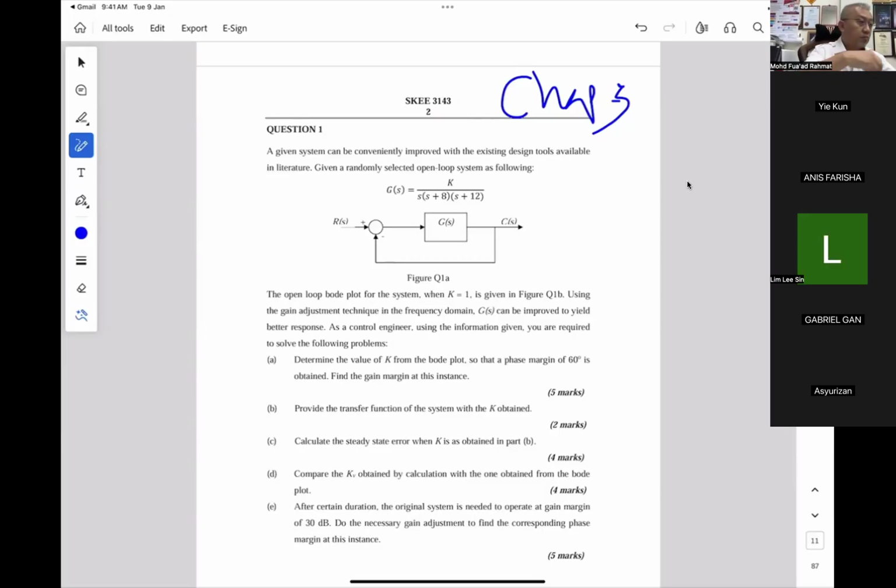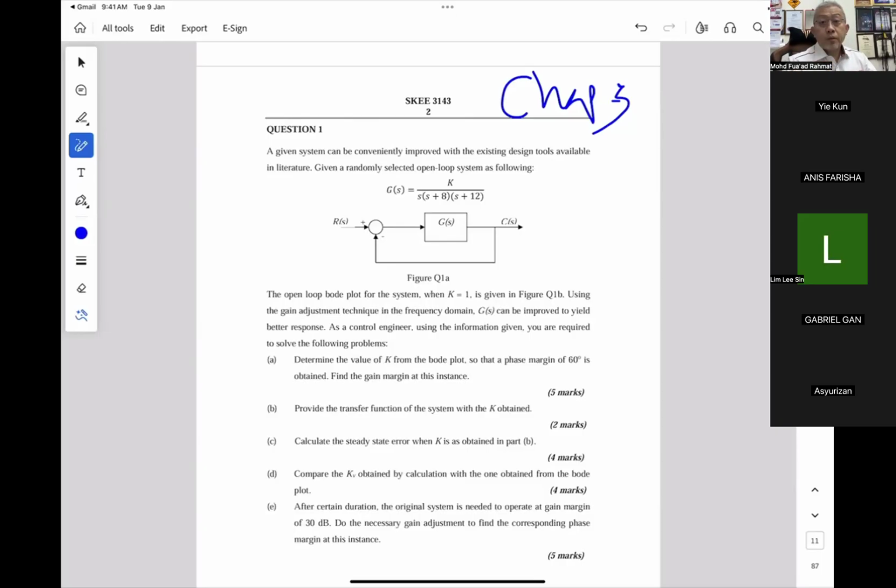Using the gain adjustment technique in the frequency domain, G(s) can be improved to yield better response. As a control engineer, using the information given, you are required to solve the following problems. A. Determine the value of K from the Bode plot so that a phase margin of 60 degrees is obtained. Find the gain margin at this instance.